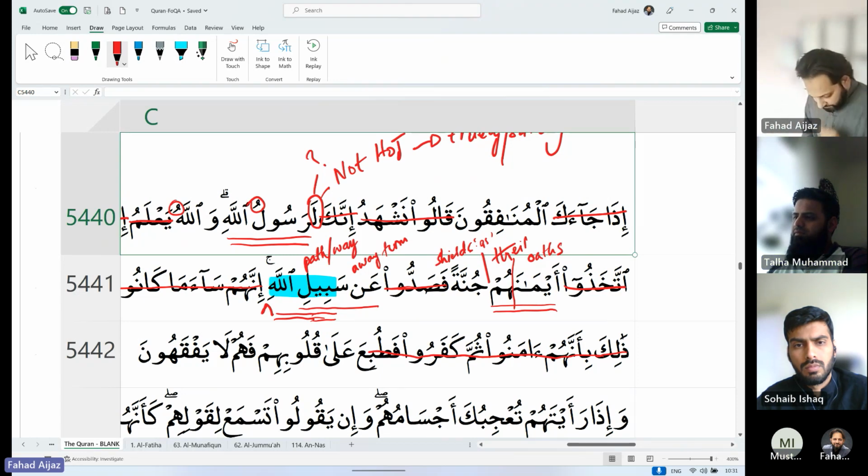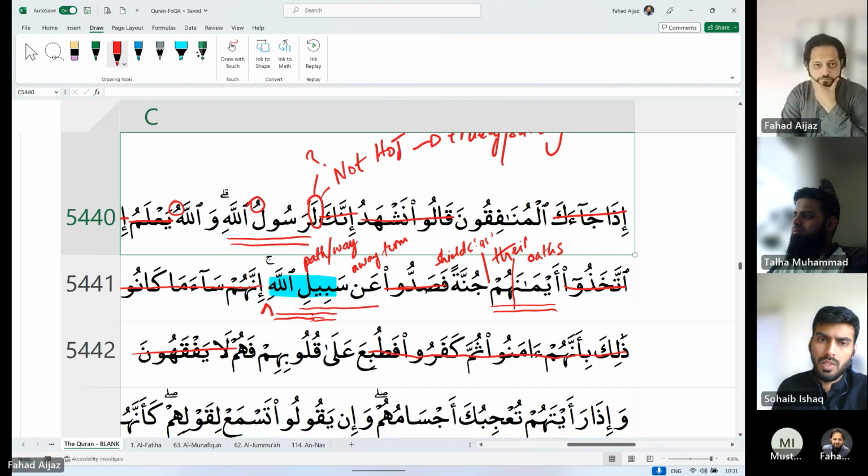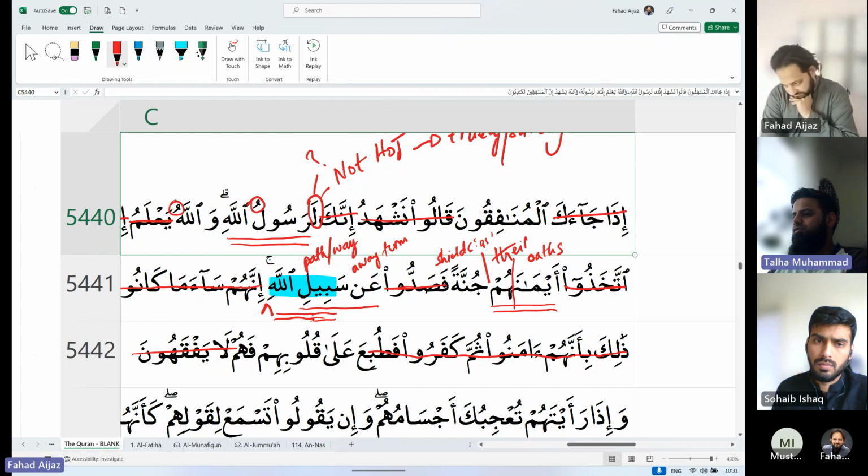Okay. So ala qulubihim fahum la yafqahun, you can leave. Ala qulubihim fahum, anything you can decode yourself. Ala is a harf of jar. Correct.